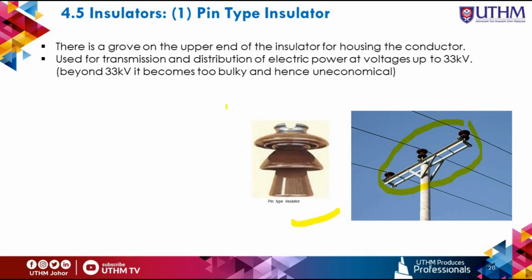There is a groove on the upper end of the insulator for housing the conductor. Pin type insulators are used for transmission and distribution of electric power at voltages up to 33 kV. Beyond an operating voltage of 33 kV, the pin type insulators become too bulky and hence uneconomical. So if less than 33 kV, then we can use the pin type insulator.